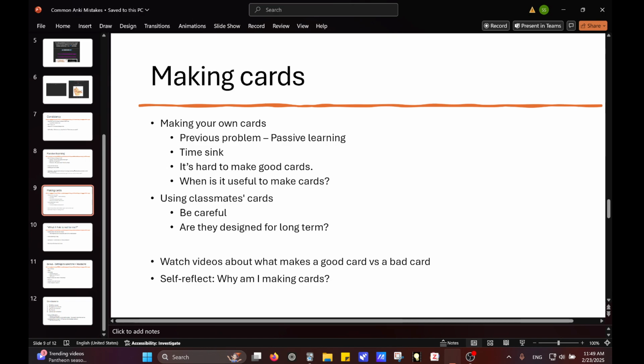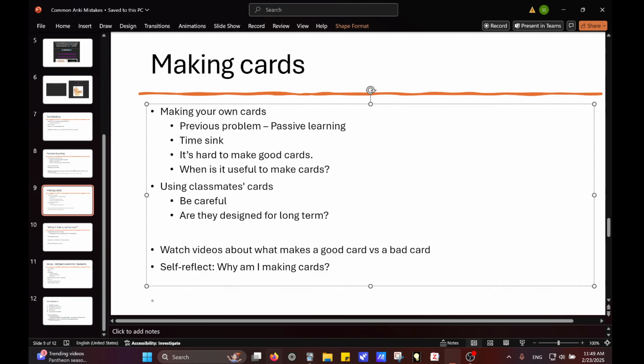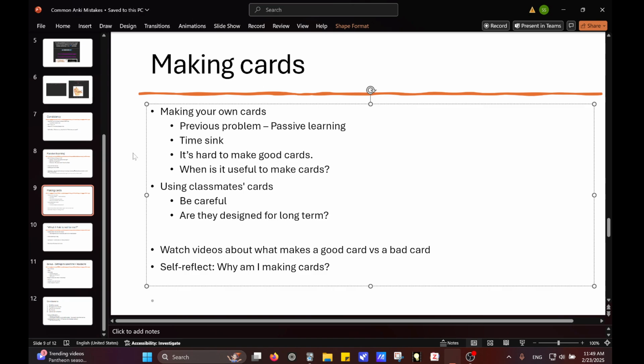Sometimes it's useful to make cards if, for example, you're done with content review and now you're going through practice questions and you find common facts or themes that are not actually in the deck. Then I would make a card for that fact.